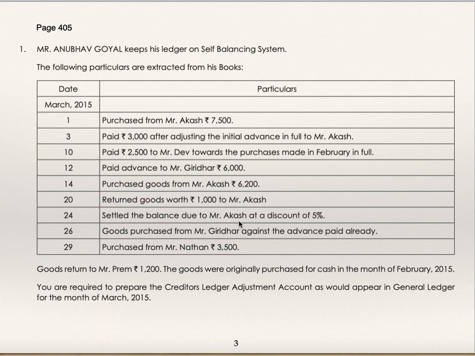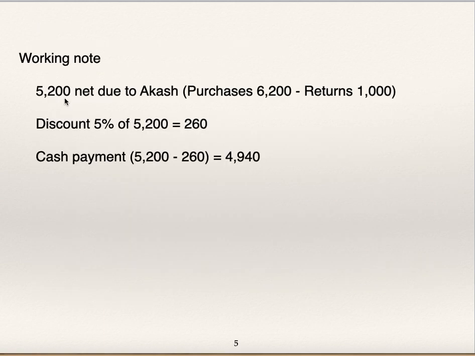Settled the balance due to Akash at a discount of 5%. From Akash, goods worth 6,200 were purchased. Out of that, 1,000 worth goods were returned to him. Net balance due to him is 5,200 and it was settled at a discount of 5%. 5,200 net due to Akash, purchases minus return, 6,200 minus 1,000.